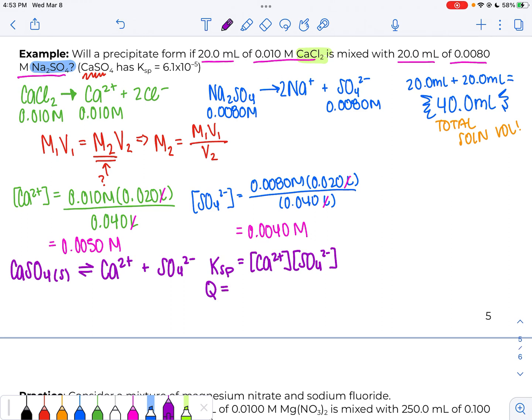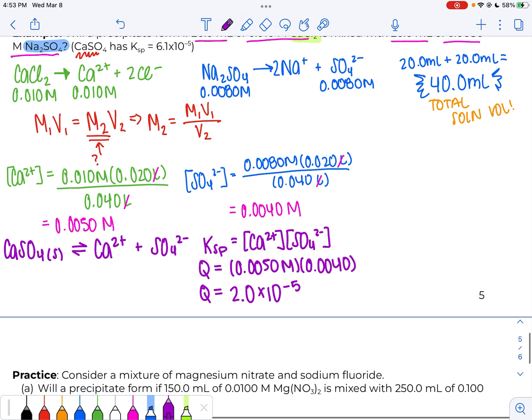So in our new solution, Q is equal to our concentration of calcium, 0.0050 molar, times our concentration of sulfate, 0.0040 molar. And when we plug this into our calculator, we get a Q value of 2.0 times 10 to the negative fifth.